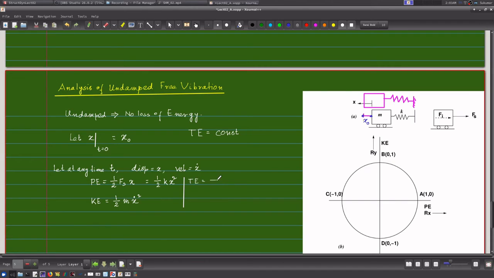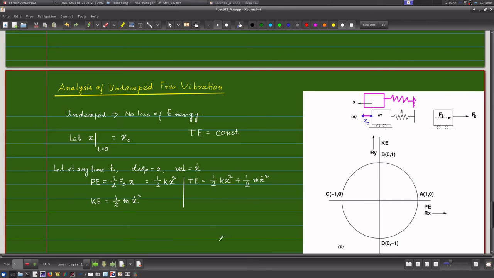So I have half times k x square plus half times m x dot square. Okay, so this is my total energy at time t.